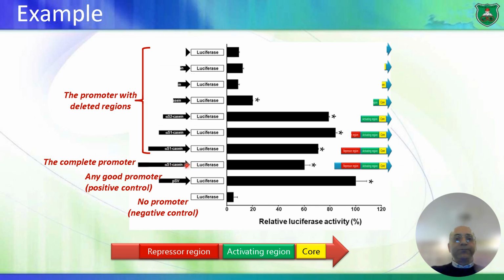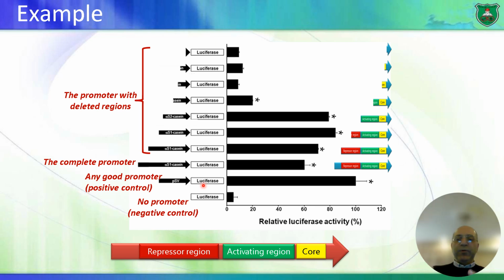Okay, now let's look at the results. I have different plasmids, different pieces of promoter, the same luciferase gene, nothing is changed with the luciferase gene, and I transfect these different plasmids into cells.